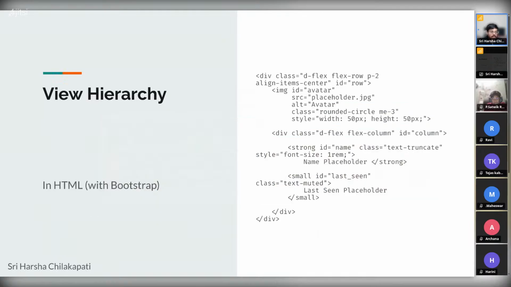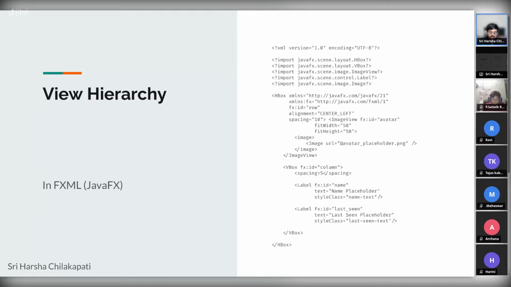Then in HTML using Bootstrap, again, you create a div element with a flex row, which is for the row. Then you have an image, and then you create one more div for the column. In that column, there are two elements for the text. So again, it's also a tree. HTML is also a tree. Now let's go with JavaFX.